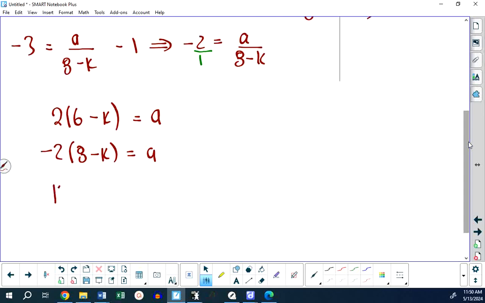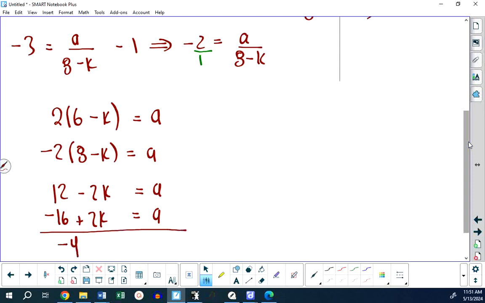Expanding out the first equation gives 12 minus 2k equals a. Expanding out the second one gives negative 16 plus 2k equals a. That's a pretty nice setup because we have negative 2k and positive 2k. So we add these, we get negative 4 equals 2a. Now I know what a is. It's negative 2.